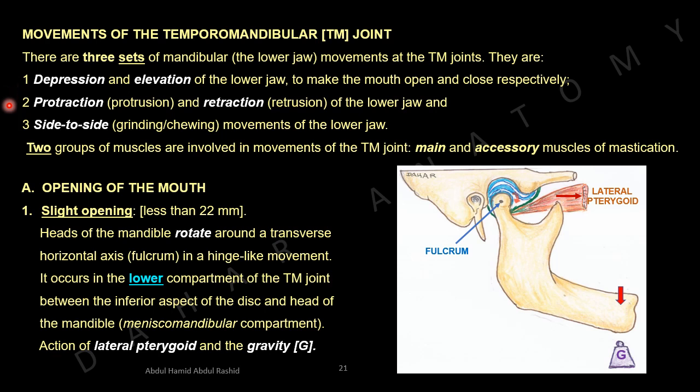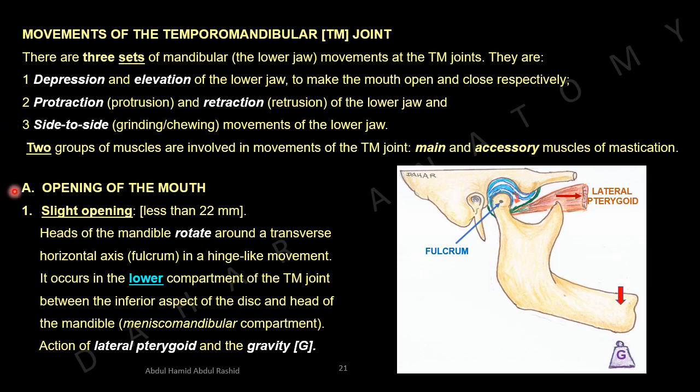And 3, side to side, that is grinding, chewing movements of the lower jaw. Two groups of muscles are involved in movements of the temporomandibular joint. They are main group of muscles and accessory muscles of mastication.